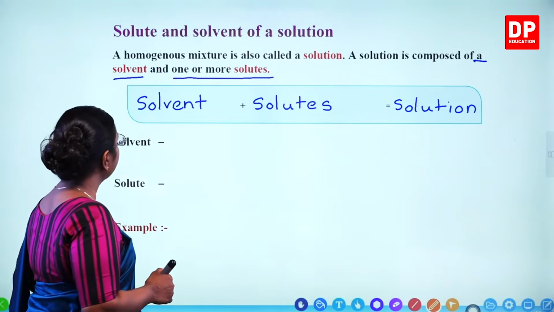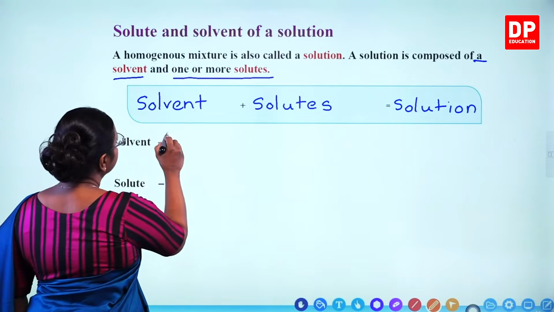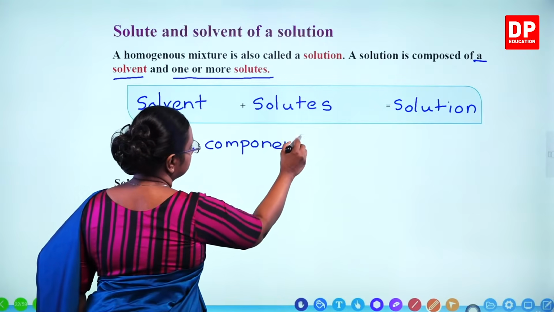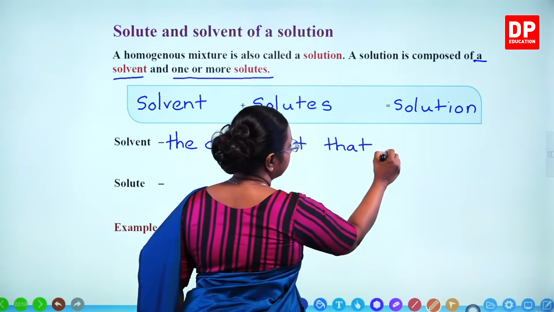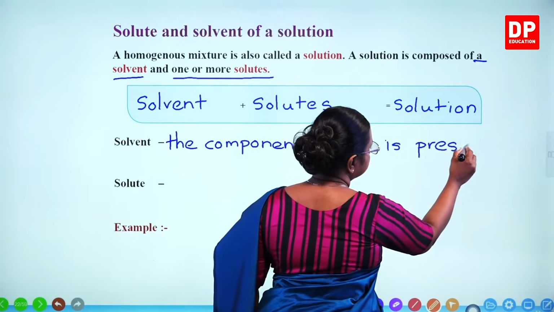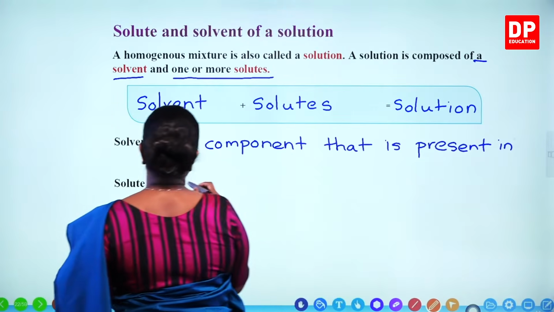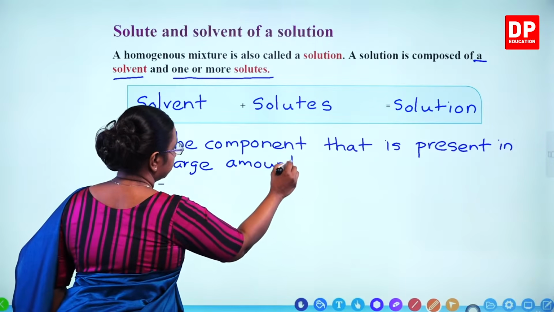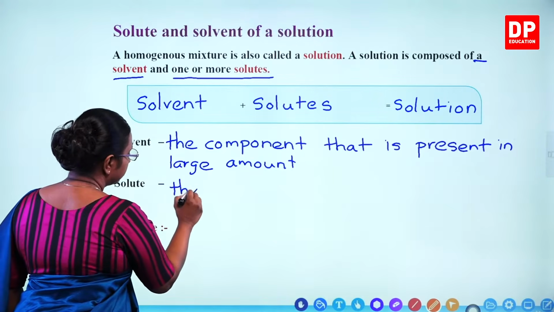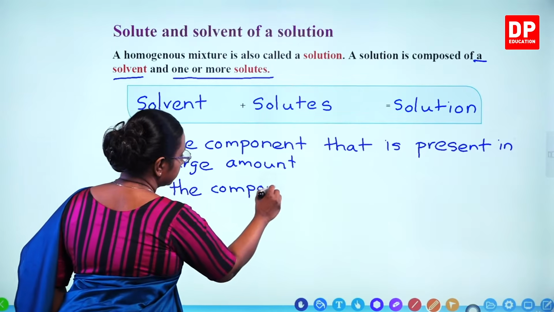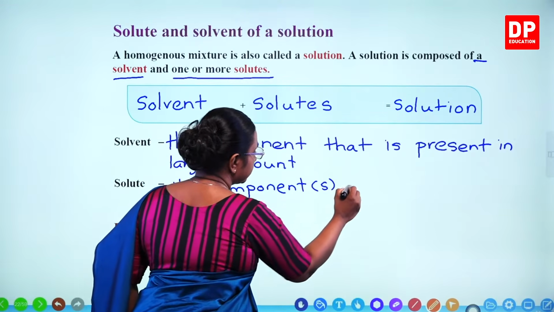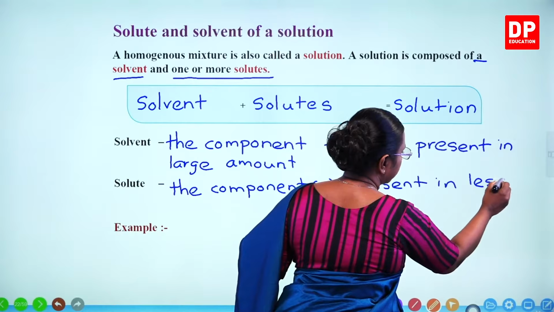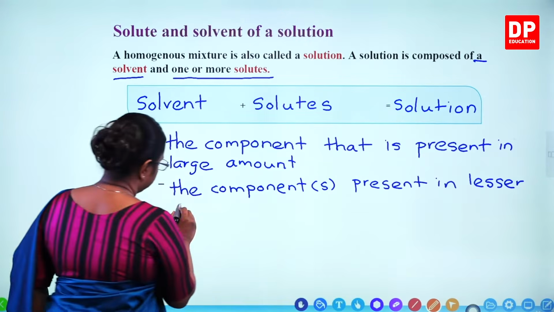So, here if we define or explain solvent: the component that is present in large amount, and the solute, the component or components present in lesser amount.